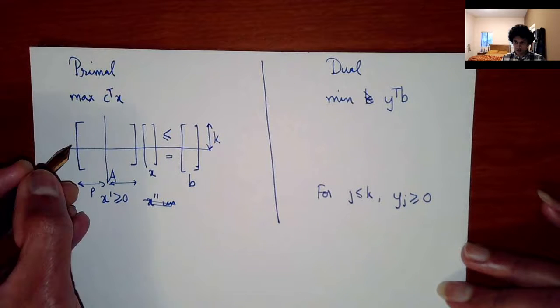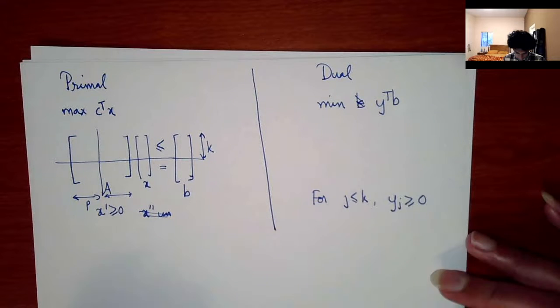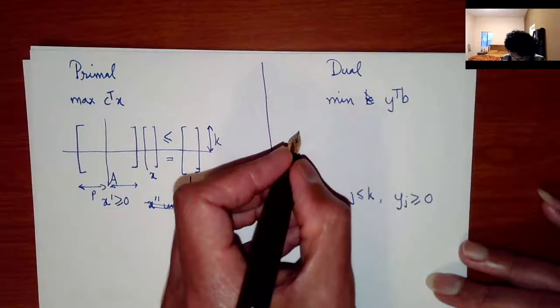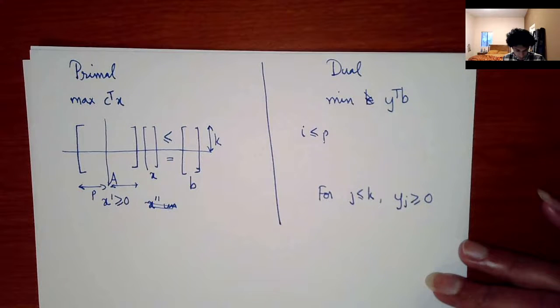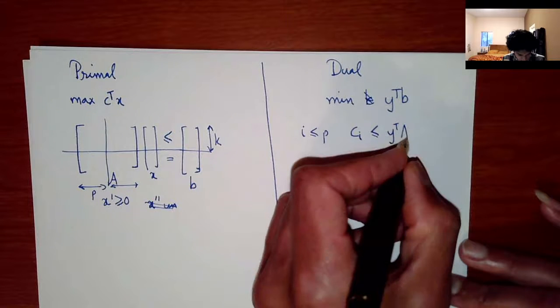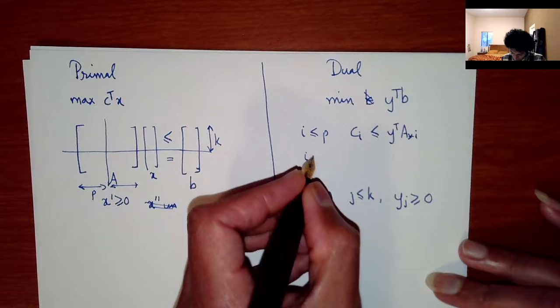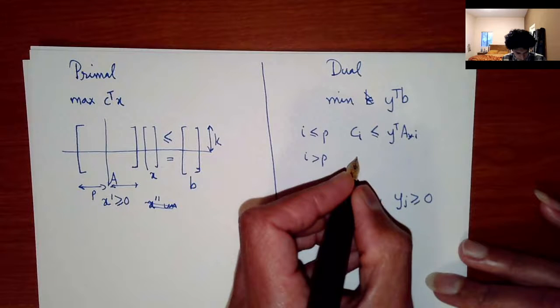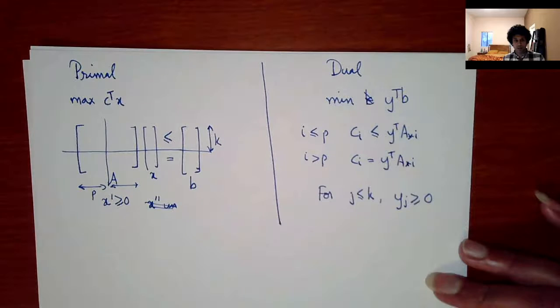So for these constraints here, you have a non-negativity constraint. And then you have for i less than P, ci is at most y transpose A star i, and for i strictly greater than P, ci is equal to y transpose A star i.